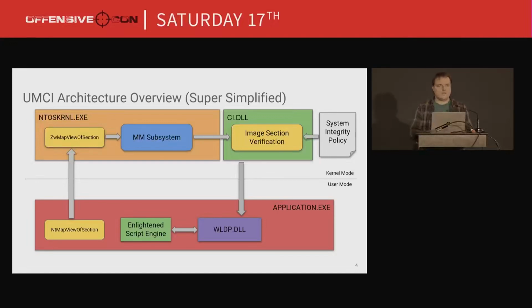So most of the script engines on Windows, such as PowerShell and Windows Scripting Host, are all considered to be enlightened. They know about UMCI, and if UMCI is on, they will actually enforce additional restrictions on that scripting content, whether it be, in PowerShell's case, turning on something called constrained language mode, or in the script host case in JScript, it will actually restrict what COM objects you can access.